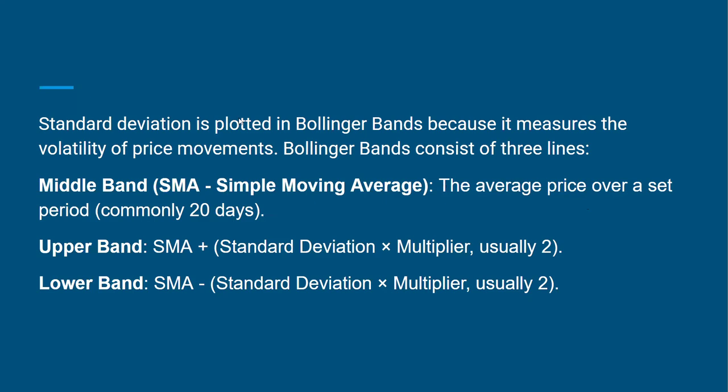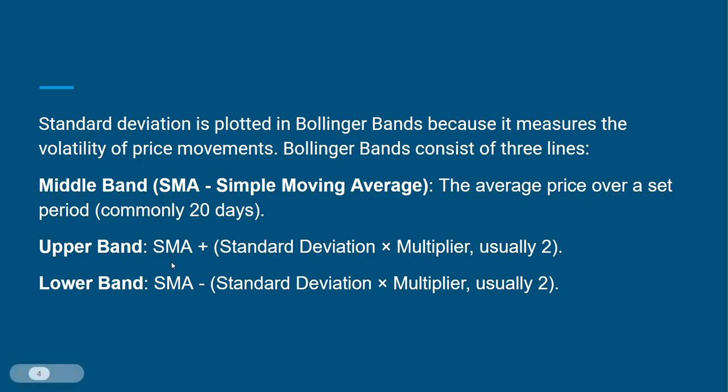In the Bollinger Bands, standard deviation is plotted because it measures the volatility of price movements. So I need standard deviations. Bollinger Bands consist of 3 lines. The middle band is a simple moving average, usually the 20-period moving average.